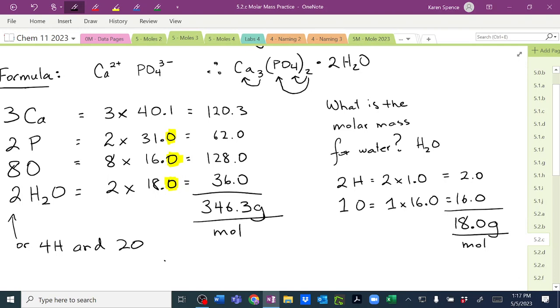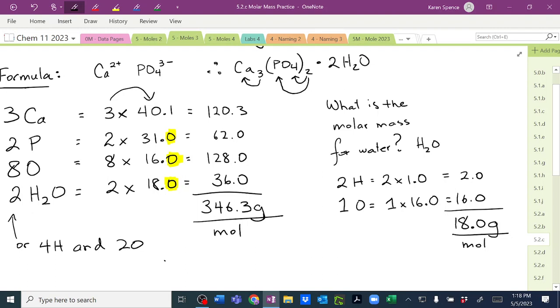Just another note, using the periodic table that we are using, your molar mass will always have 1 decimal place. Even though we're multiplying, and you're like, oh, I have 3 times 40.1, shouldn't that give me 3 sig figs? Not really, because what you're really doing is adding 40.1 plus 40.1 plus 40.1, which means you're going to that 0.1 position. So this multiplication is really adding.